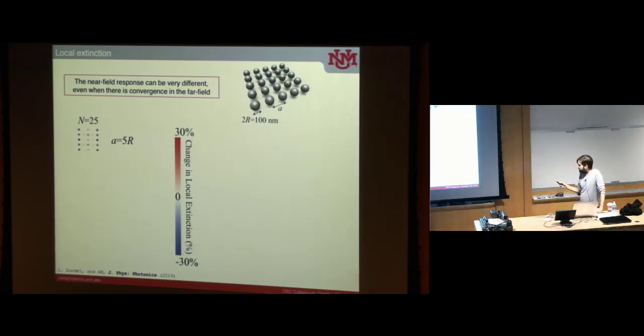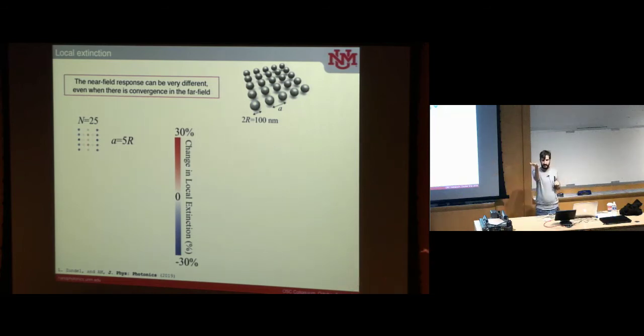However, if we look at the near field, what we look at here is actually not the near field itself. We look at the induced dipole, which we call the local extinction, so the imaginary part of the dipole at each particle. Then we calculate the difference between that value and the value that we would get for an infinite array. In an infinite array, every single particle is excited equally.